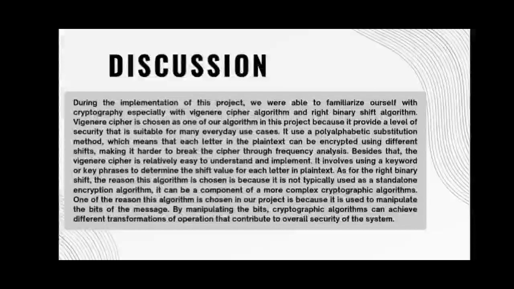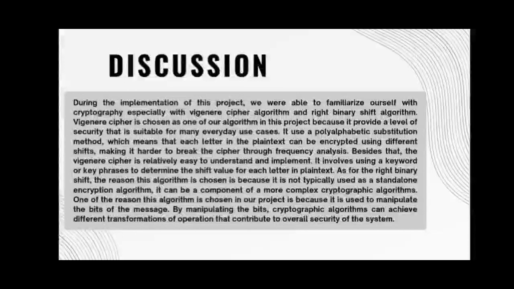It uses a polyalphabetic substitution method, which means that each letter in the plaintext can be encrypted using different shifts, making it harder to break the cipher through frequency analysis. Besides that, the Vigenère cipher is relatively easy to understand and implement. It involves using a keyword or key phrase to determine the shift value for each letter in the plaintext.